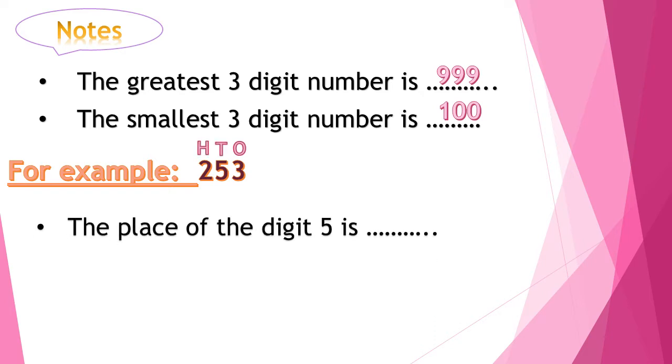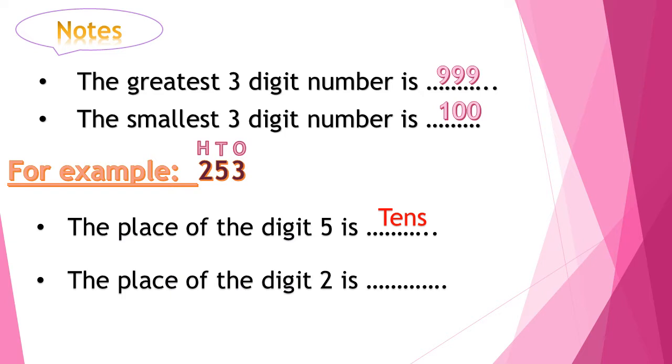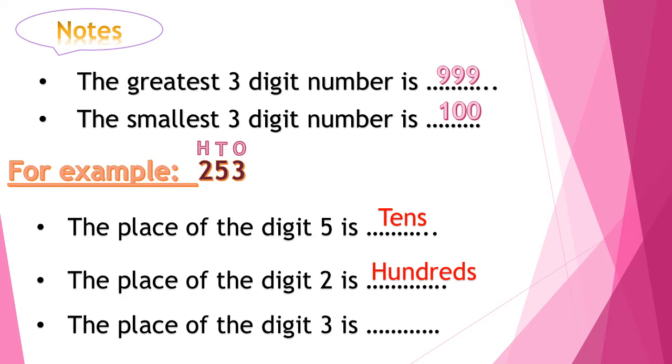The place of the digit 5: 5 is in the tens place, then we write tens. The place of the digit 2: 2 is in the hundreds place, then write hundreds. The place of the digit 3: 3 is in the ones place, then write ones.